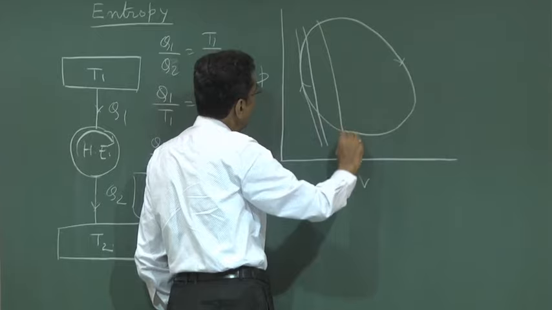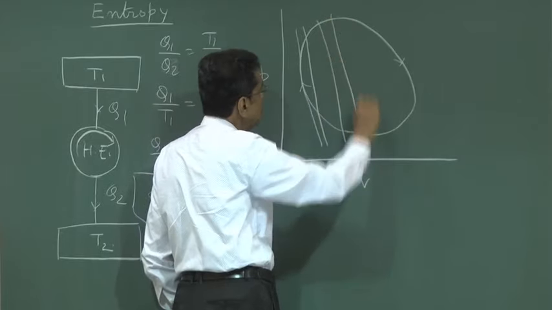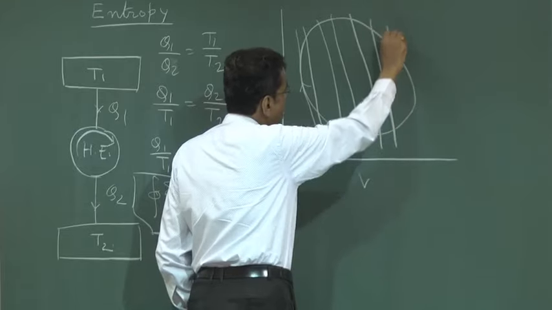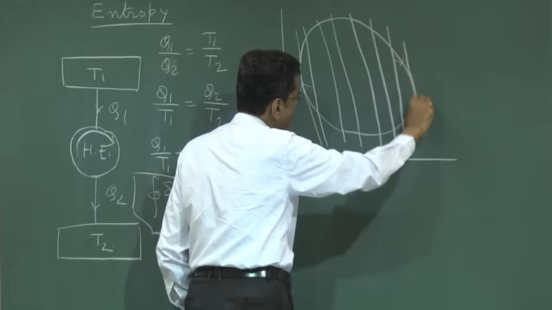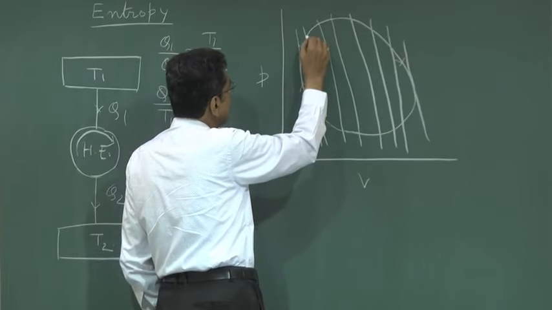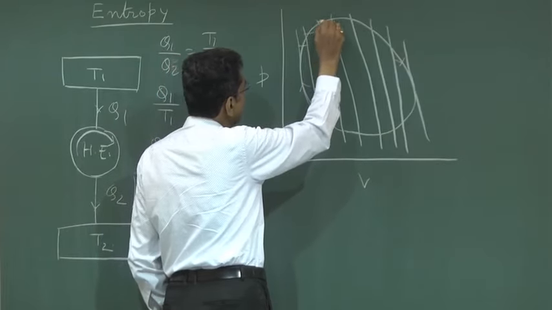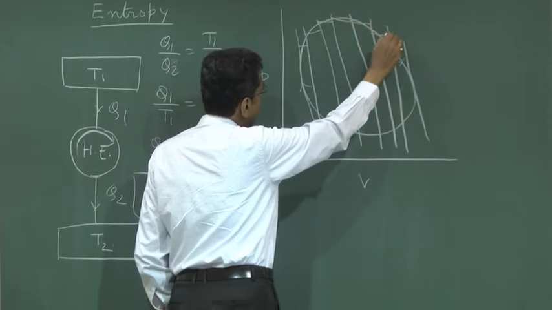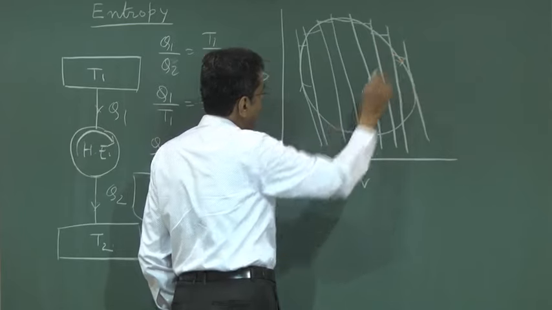If we divide this like this, all are reversible adiabatics, and reversible isothermal processes. As you know, the Carnot cycle consists of reversible isothermal processes and reversible adiabatic processes.